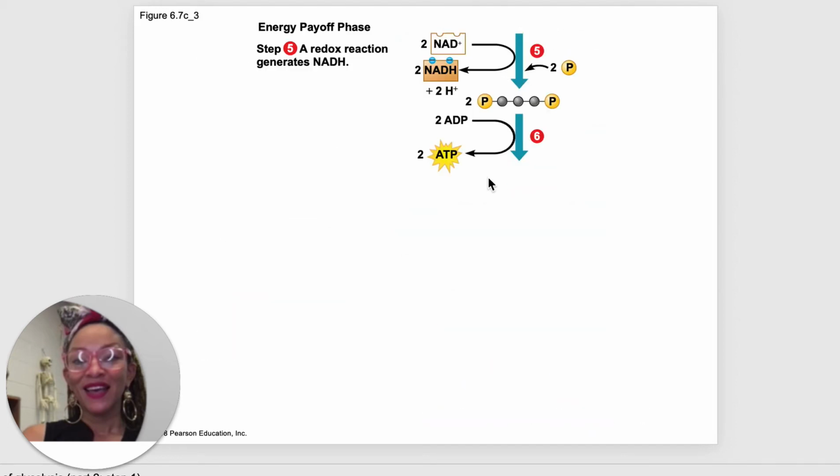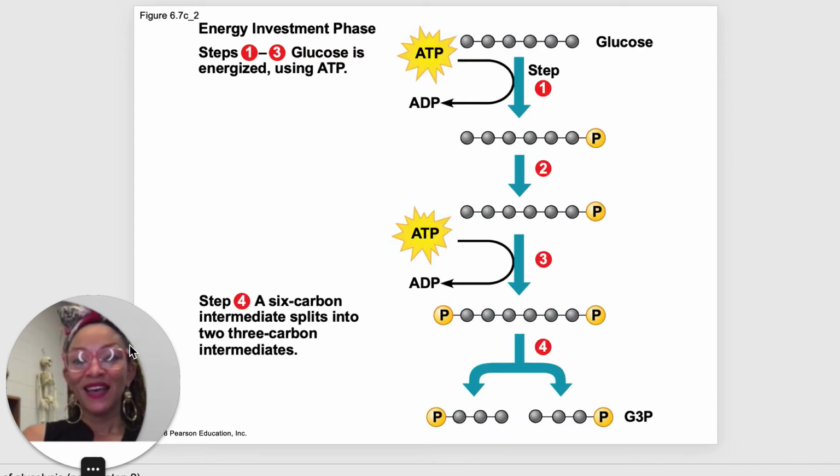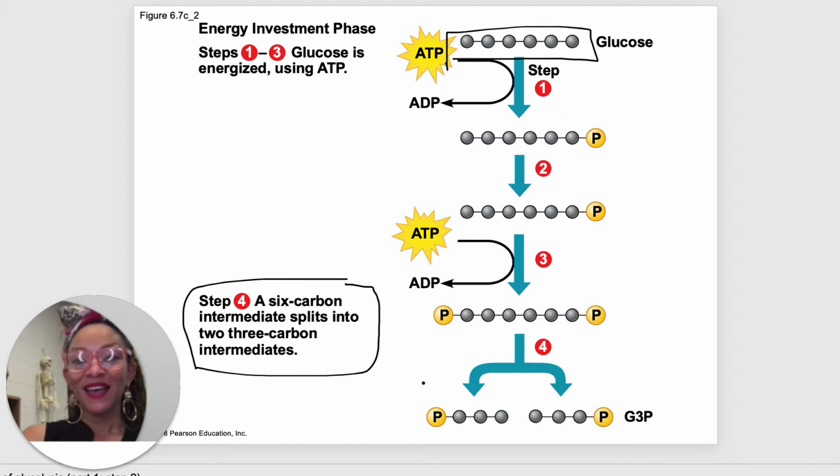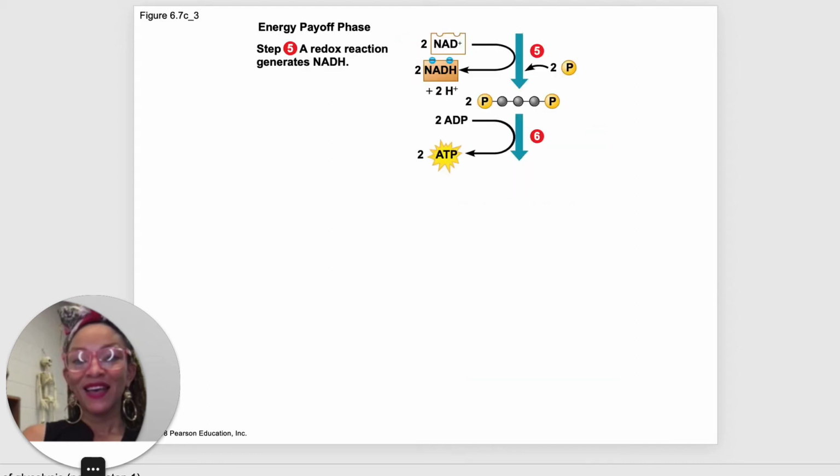Stage 4, this is the step where a 6-carbon intermediate splits into 2 3-carbon intermediates, okay? So you see right here, we have our 6-carbon glucose, and now it's being split into 2 of those 3-carbon intermediates that will eventually become our pyruvates.